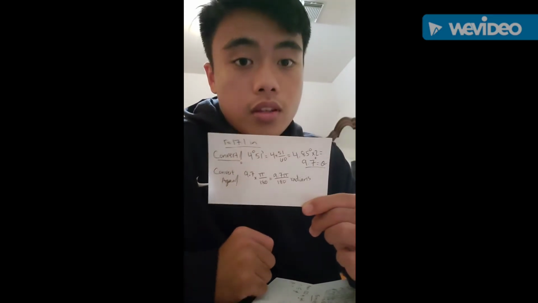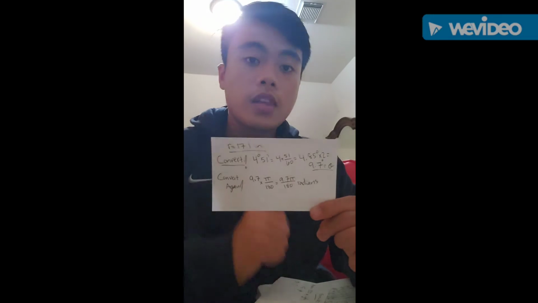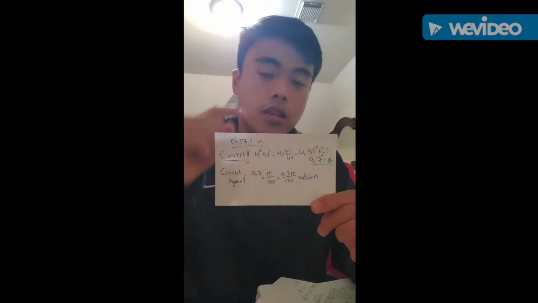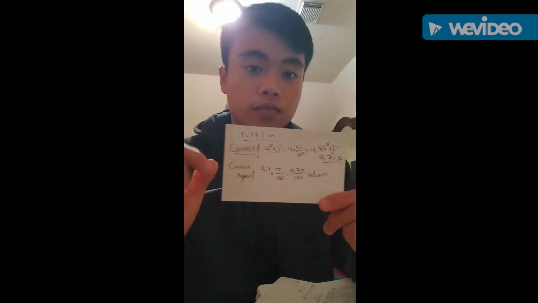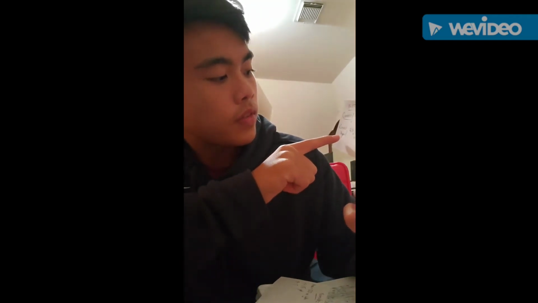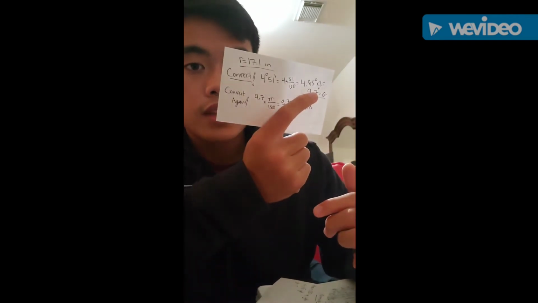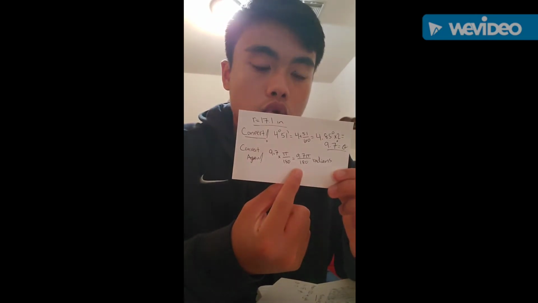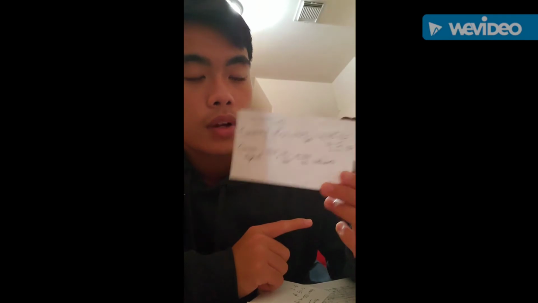But we have to remember to multiply it by 2, because it swings on both sides, and we have to find the arc length for the whole thing. So once we do that, we get 9.7 for the degree, but we can't forget to convert to radians, and we do that by multiplying by pi over 180, and we get 9.7 pi over 180 radians.